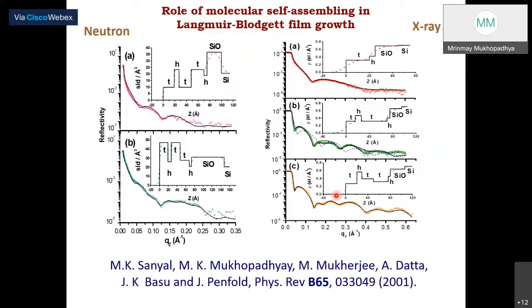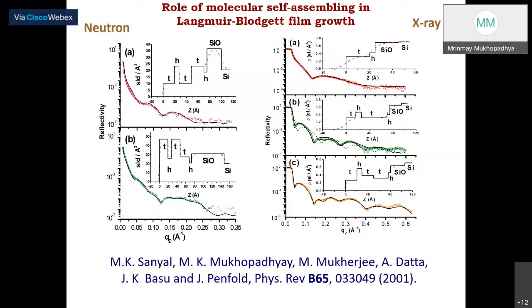I told you that you can do layer by layer deposition, so you have 1 nanometer, 2 nanometer, 4 nanometer and 6 nanometer films on your substrate. For the same film we measured neutron reflectivity, and then we can uniquely converge to an idea of how these molecules are assembling, how they are reorganizing among themselves after deposition. All those detailed pieces of information are very rare from other techniques.